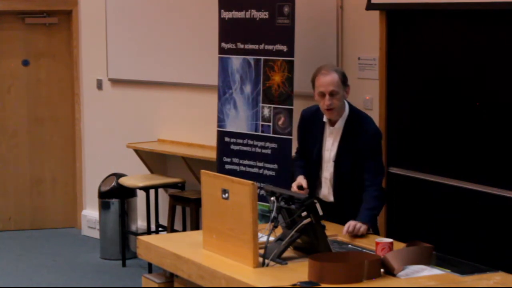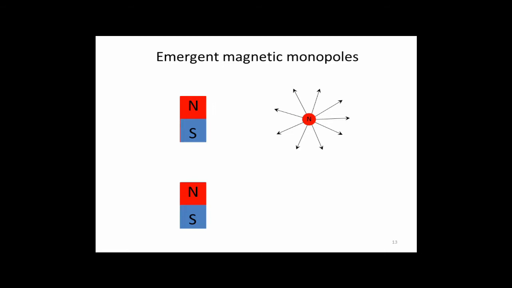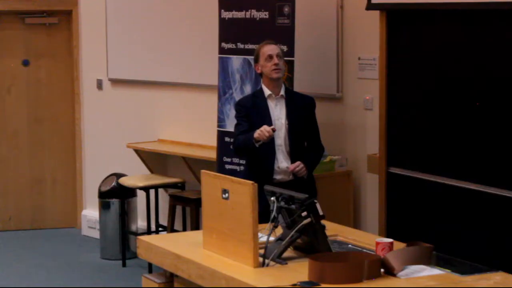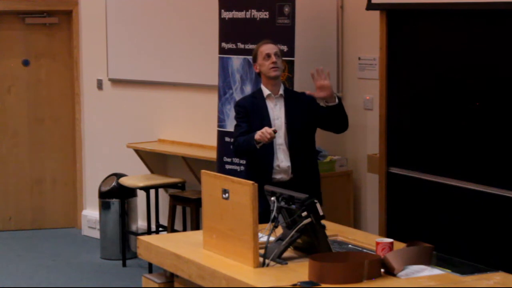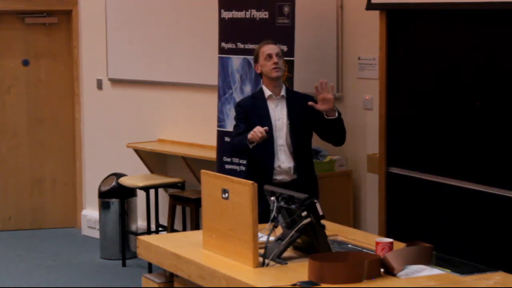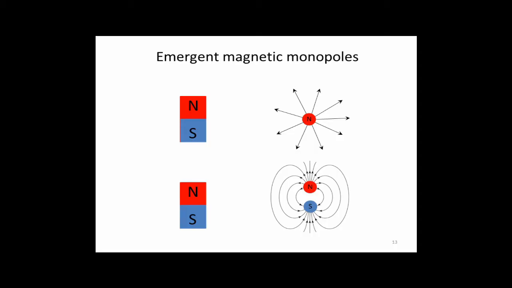Whereas if you were to construct a sphere around a bar magnet, which is called a dipole, with a north and a south pole, then there would be a net flux coming out of the north pole end here, but that's exactly compensated for by a flux going into the south pole. So there would be zero net flux coming out of this spherical surface. So that's how you can tell when you've got one.